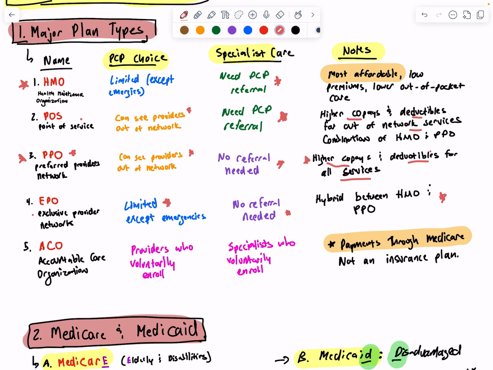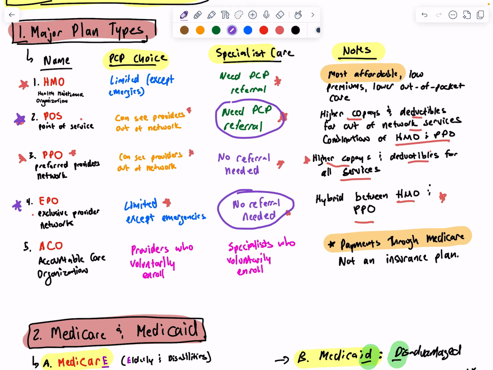And it's a hybrid between HMO and PPO, just like POS. So EPO and POS are very similar, but with point of service, you do need the PCP referral. You don't need it in EPO.